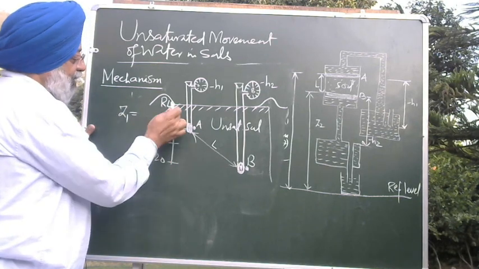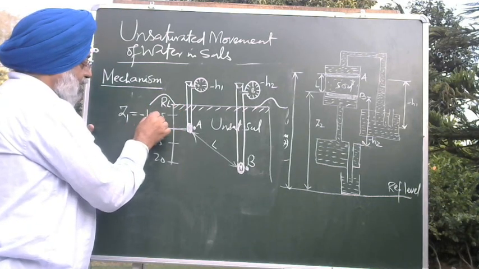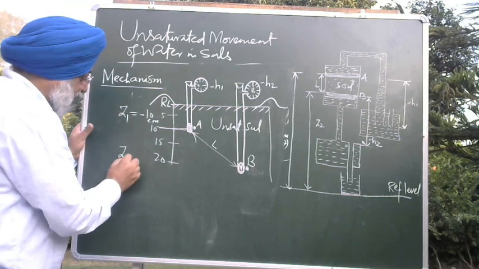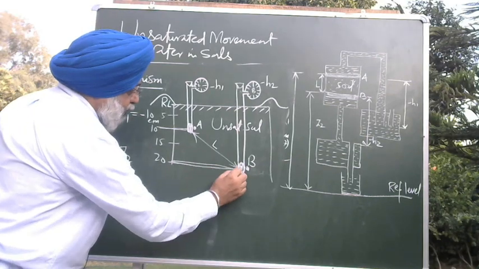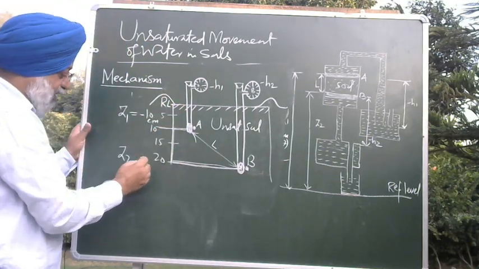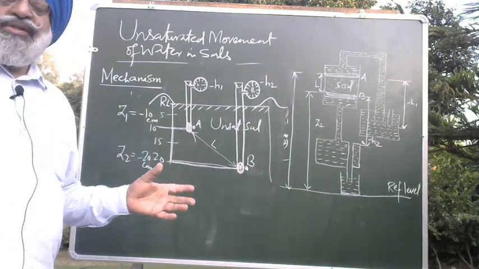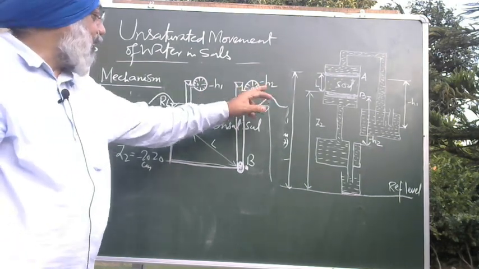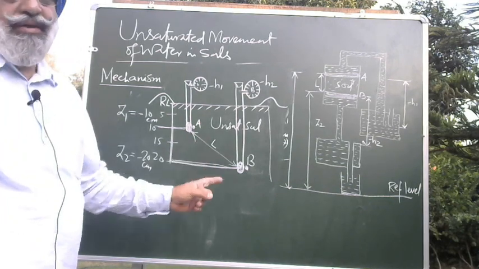Since it is below the reference level, I will say it is minus 10 centimeters. And Z2 is the point which is 20 centimeters below the reference level, so this will be minus 20 centimeters. Now you know the H1 value, the H2 value, Z1, Z2, and the value of L.